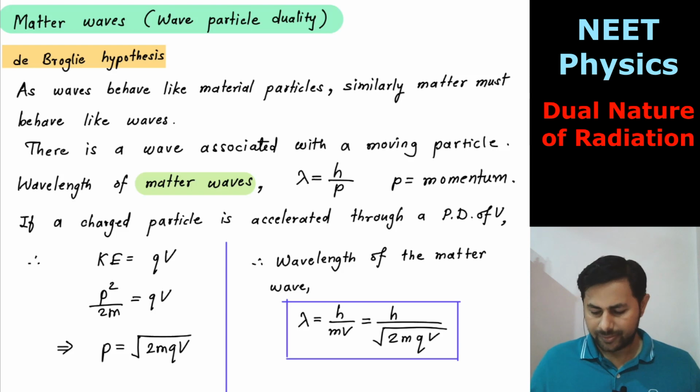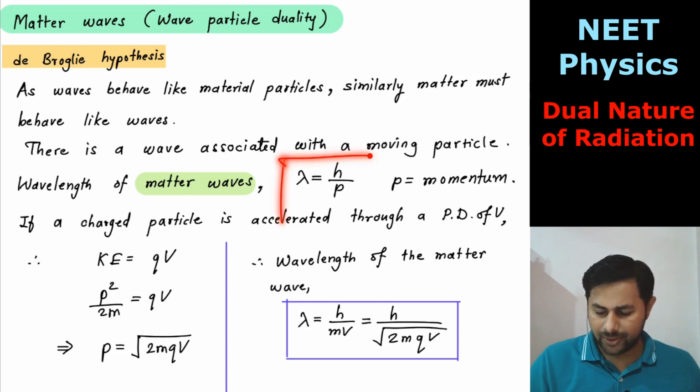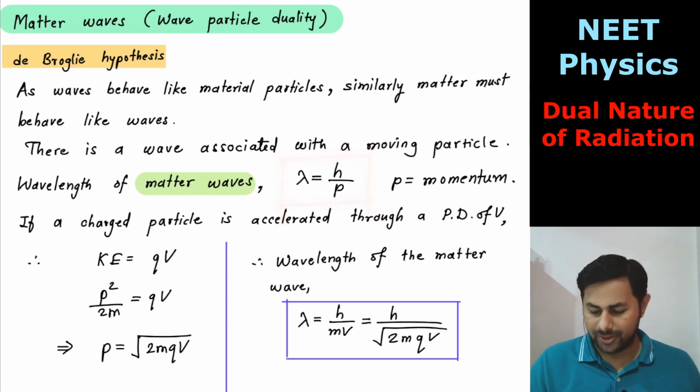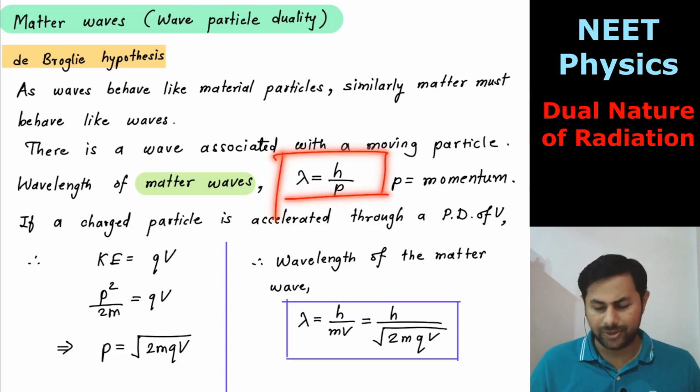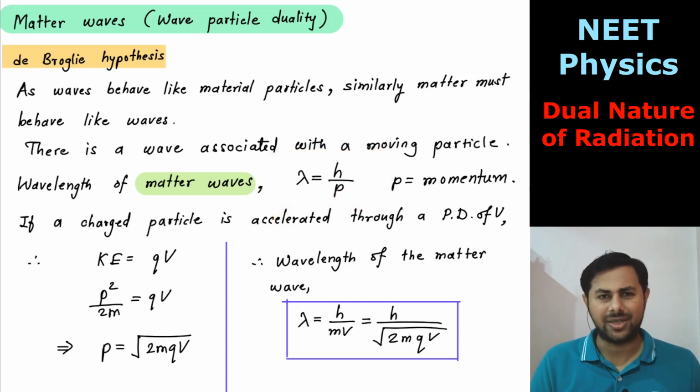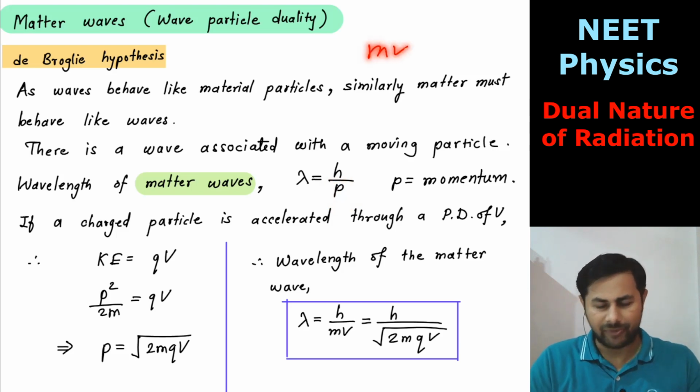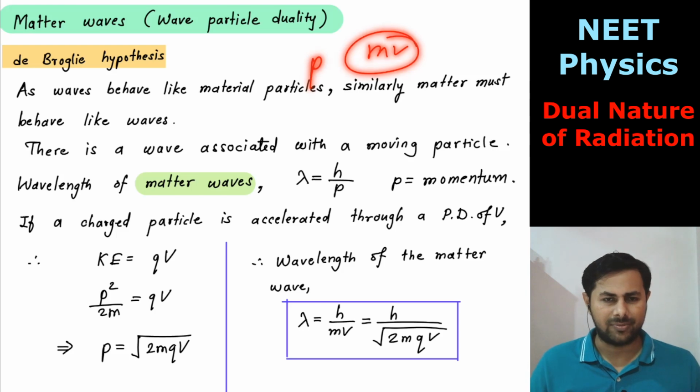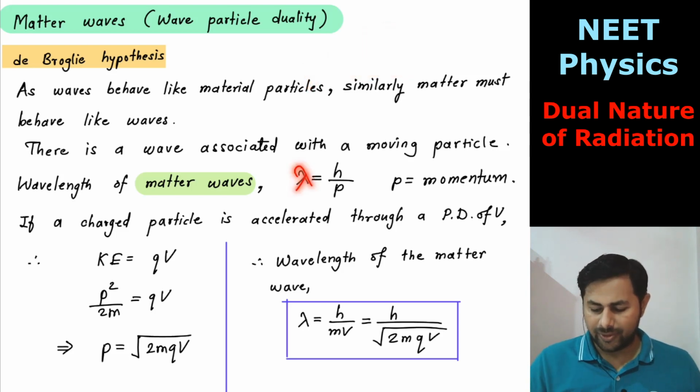Good. Now this equation itself shows the dual nature of radiation as well as matter. We associate momentum with particles. Moving particles have some mass and some velocity, so they have some momentum, which is mass times velocity. And wavelength is associated with waves.